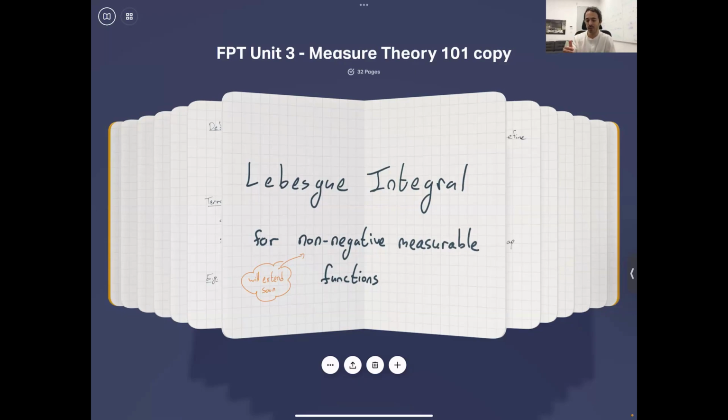So a measurable function, namely one whose preimage of every measurable set is measurable, is automatically integrable. That's crazy. That means that everything is essentially integrable.